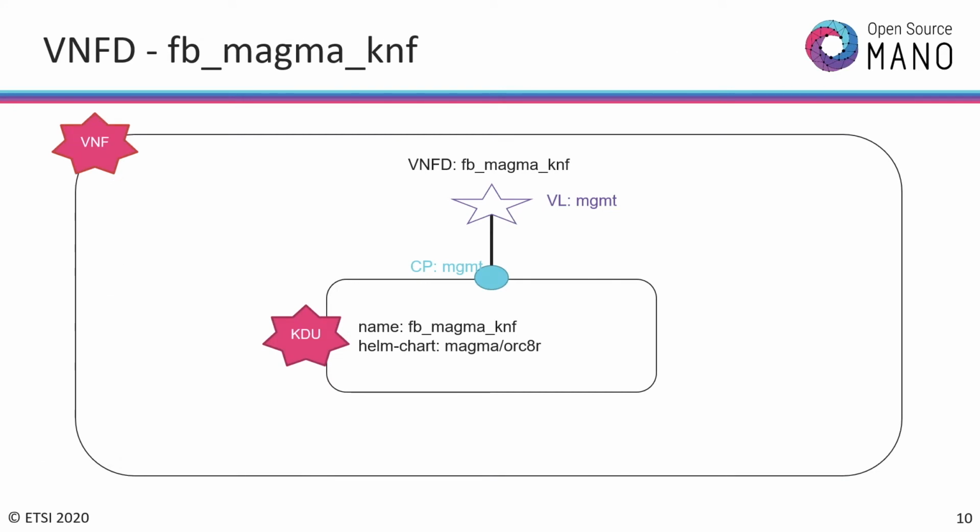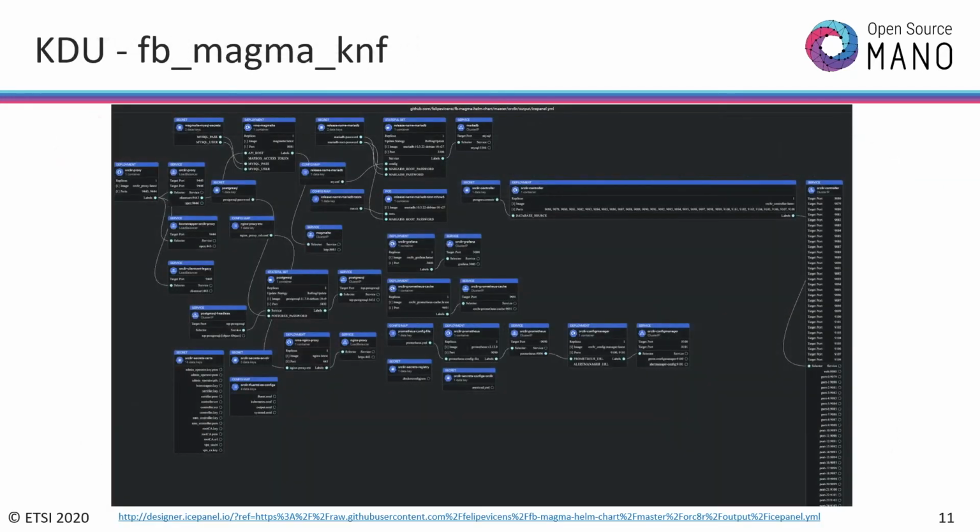So you now know pretty well the composition of the VNFDs. This is the Facebook Magma shown yesterday by Gerardo. As you can see, it is a pretty complex KNF.